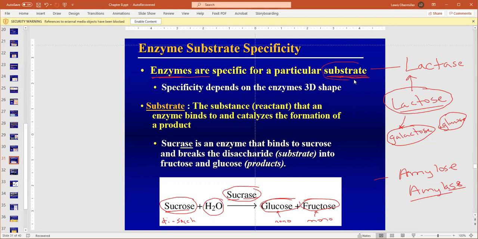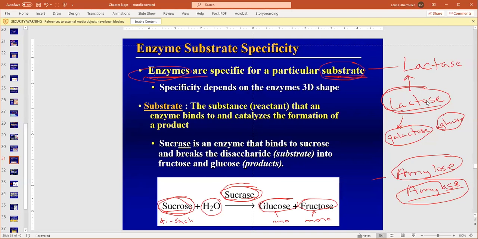The substrate would be lactose or amylose or sucrose, and the enzyme would be sucrase or amylase or lactase. Lactase doesn't work on sucrose or amylose, and amylase doesn't work on sucrose or lactose. They're all specific for what they work on.